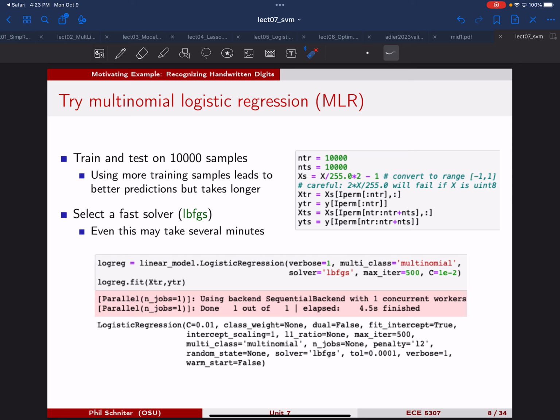There's a few little things about how you pre-process this data that is actually important. If you mess them up, then things start to fail. So one of the things we're going to do is convert the data. As it originally comes, it goes from 0 to 255, as I mentioned. And usually it helps us, as we saw when we talked about standardization with feature selection, lasso and ridge.